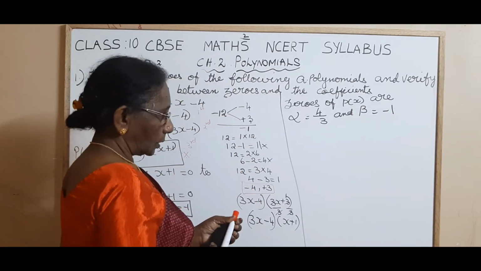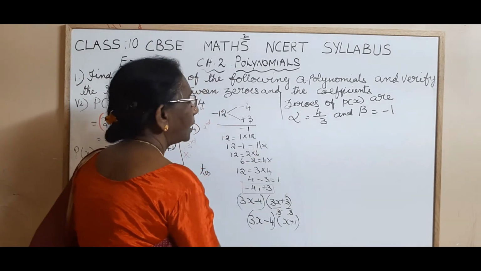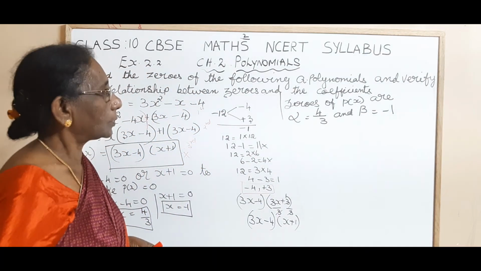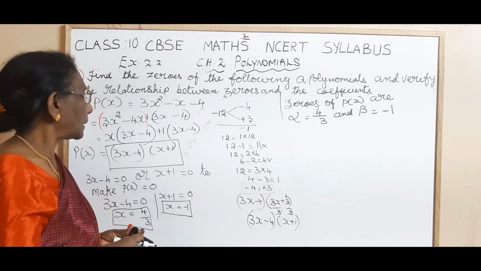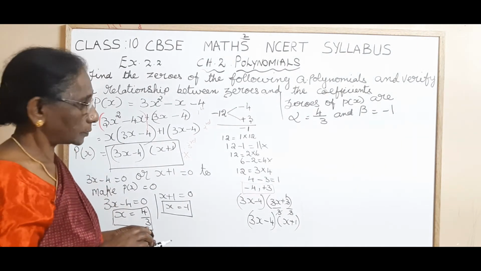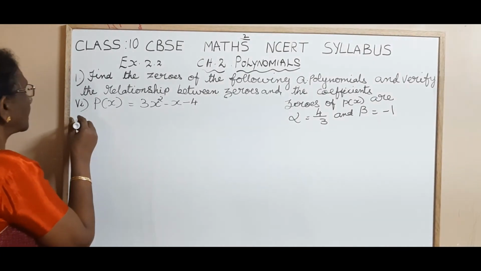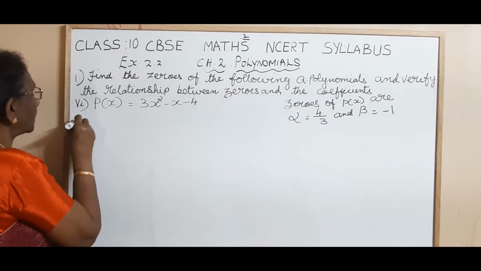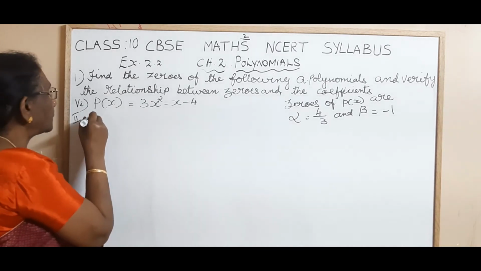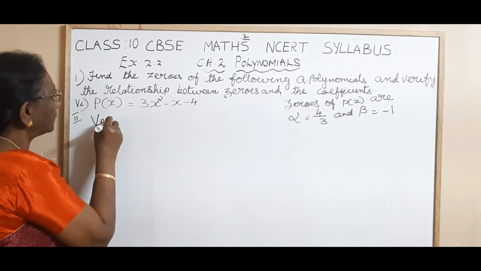Now we have to do the verification. Okay. So first we'll do the first verification. Now verification. The second step is, second part of the answer is verification. First part finding the zeros. Second part verification.